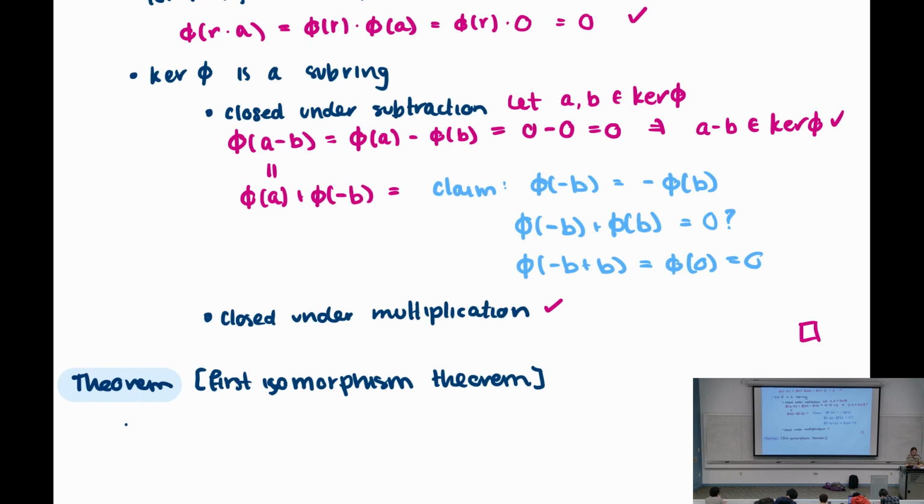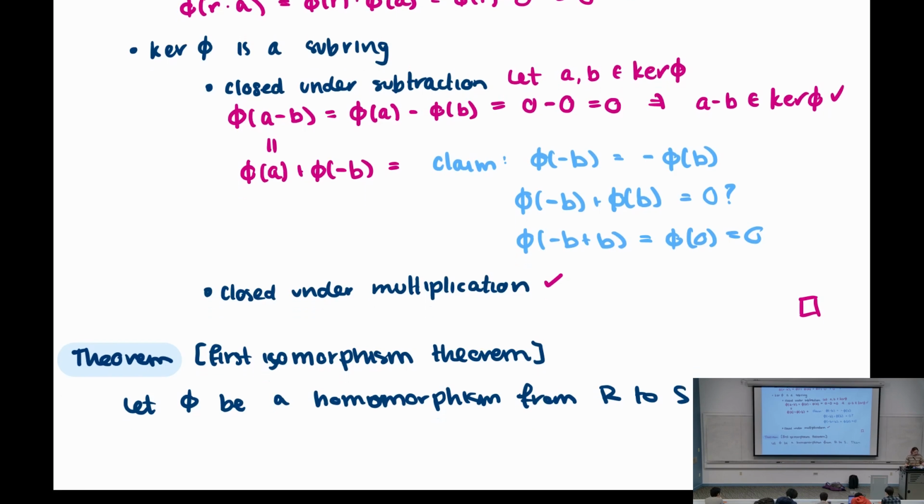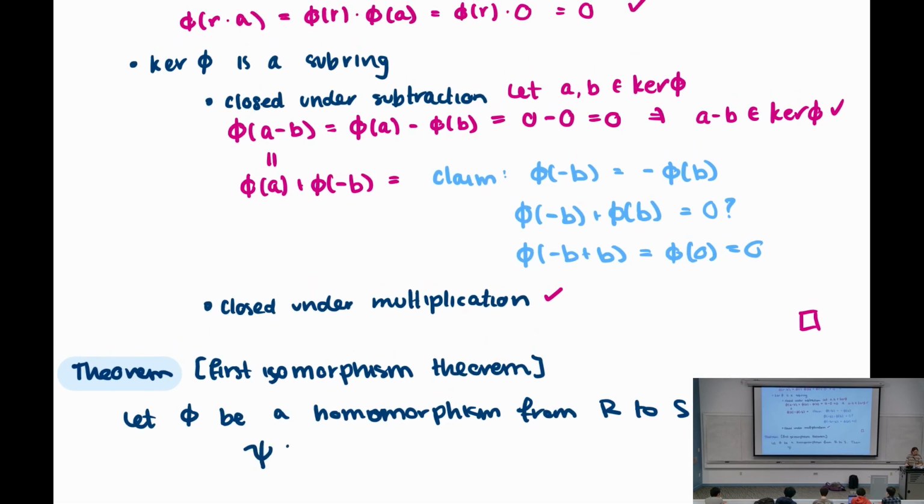Okay, so let phi be a homomorphism from R to S. Then I'm going to make a map called psi from R mod the kernel of phi. Since the kernel of phi is an ideal, we know that this thing is a ring. So we know how to add and multiply elements in here.